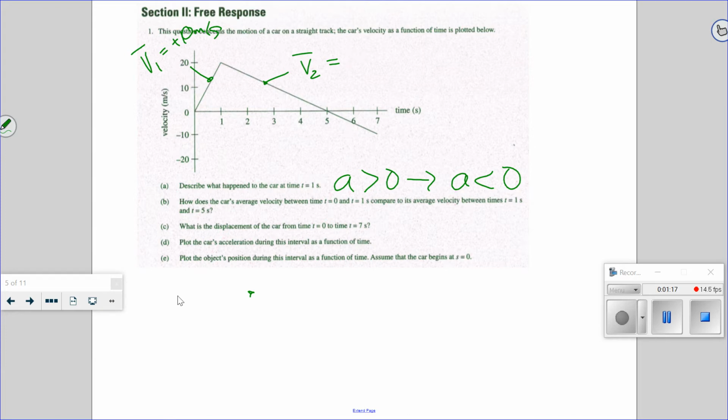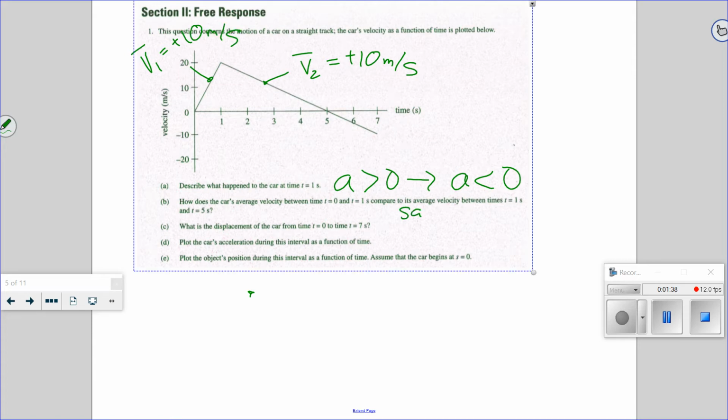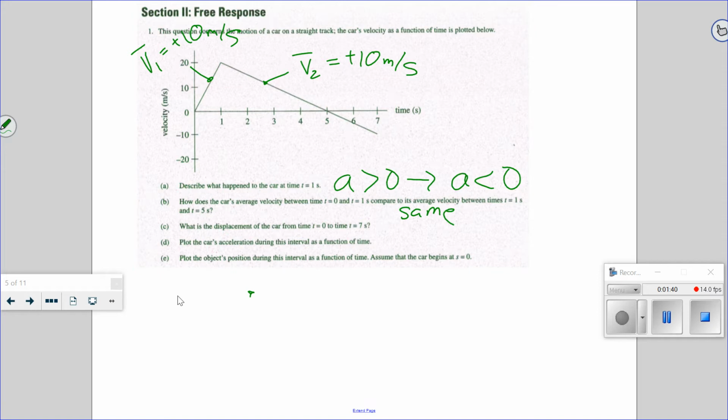It's going forward but speeding up, and now it's going forward but slowing down. Oh, it's also plus 10. Did you get that? So for part B, they're actually the same average velocity, up to 5 seconds.